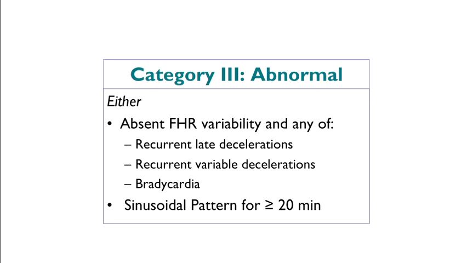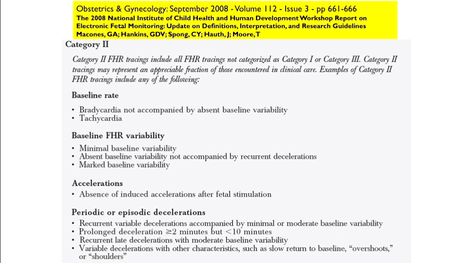A sinusoidal pattern by itself also will put it at category 3. So it's important to note that absent fetal heart rate variability without any of the other 3 is not a category 3. That would be a category 2. So anything that's not category 1 or category 3 becomes category 2.